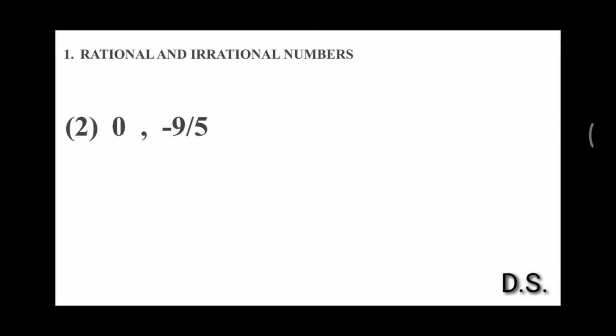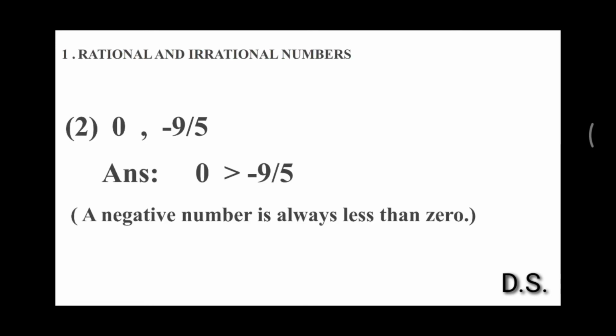Second question. 0 and -9/5. In these two numbers, one is 0. So, it's a very simple question. You can say that a negative number is always less than 0. That is, 0 is greater than -9/5.